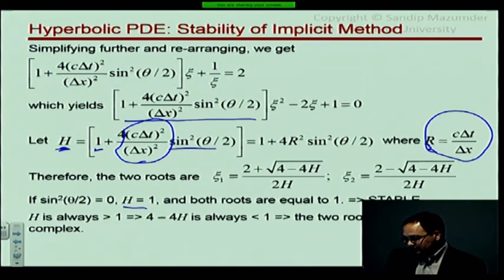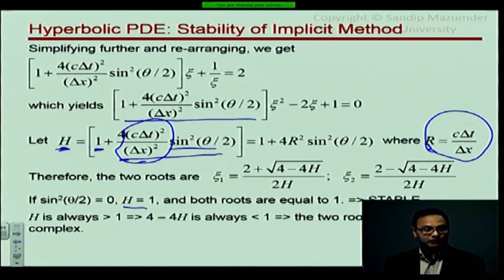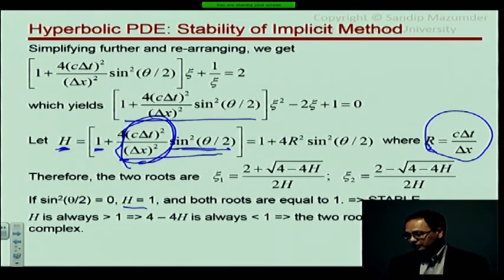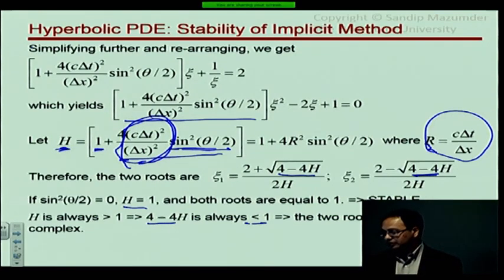Let me see, what am I saying here? h is always greater than 1, as you can see here. So it's 1 plus some positive quantity, because there's a square here, and sine squared theta is always a positive quantity. So h is always a positive quantity, greater than 1. Which means that 4 minus 4h is always negative. 4 minus 4h is what shows up here underneath the square root.